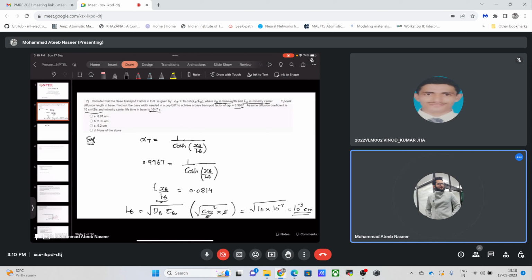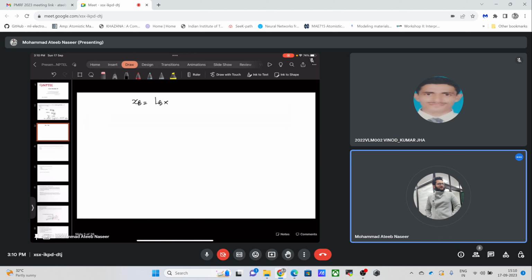I guess 0.0814, 0.0814. So it is simply 10 to the power of minus 3 into 0.0814 into 10 to the power of minus 3, or simply it is equal to 0.81 into 10 to the power of minus 6 meters, or simply you can write it to be equal to 0.81 micrometer.